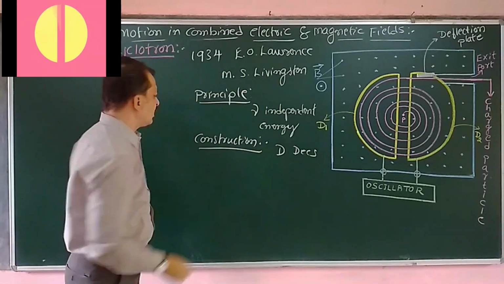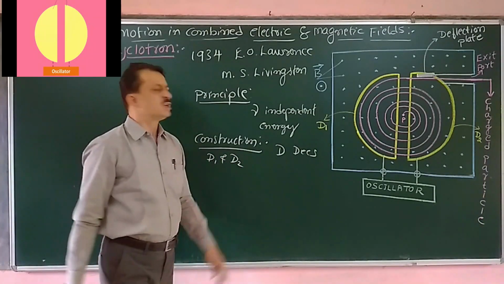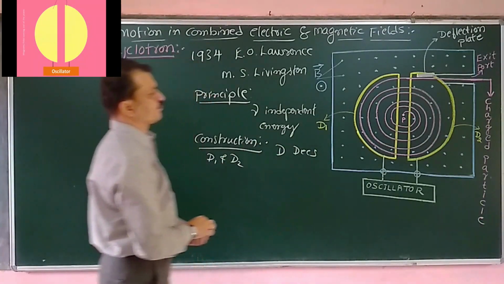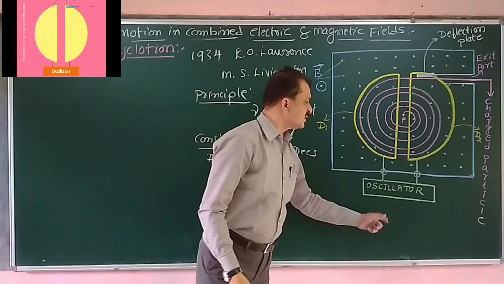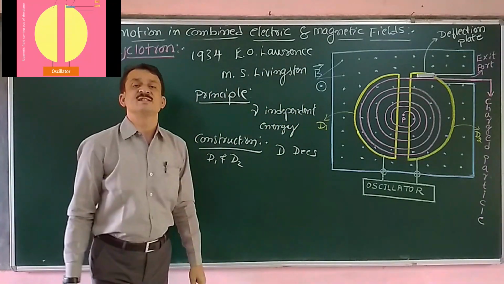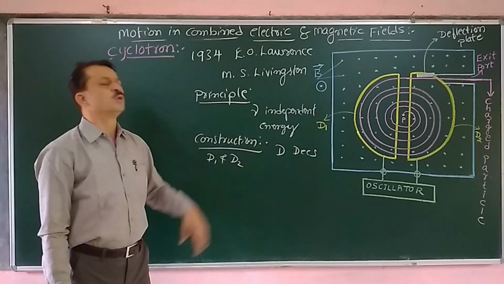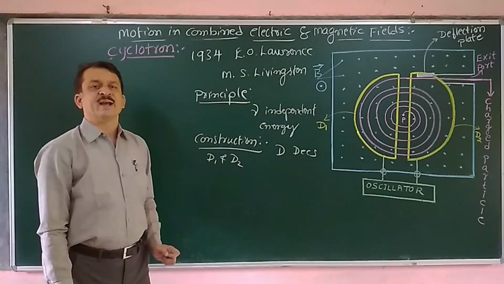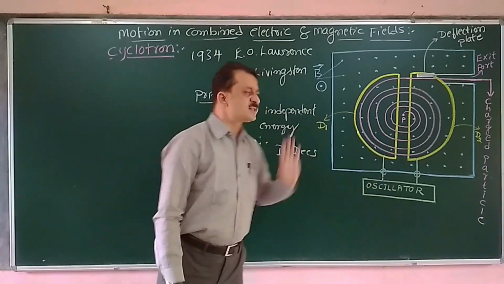We have two Ds, one is D1 and another one is D2. These two are metal containers. For these two Ds, we connect a high frequency oscillator which is going to supply AC voltage to these two Ds.